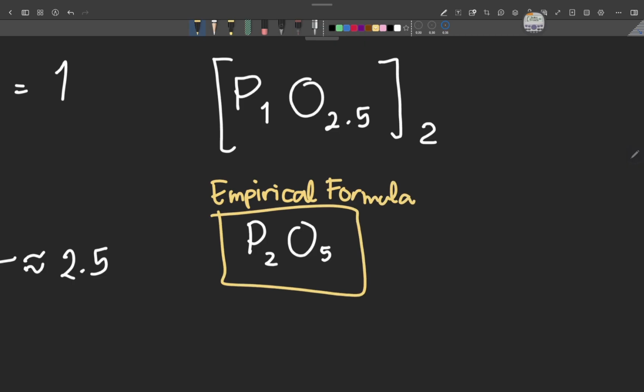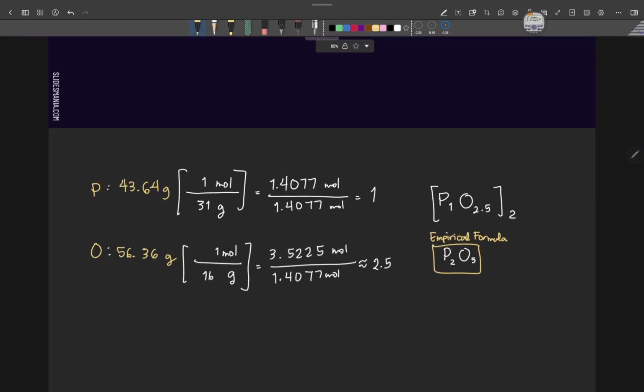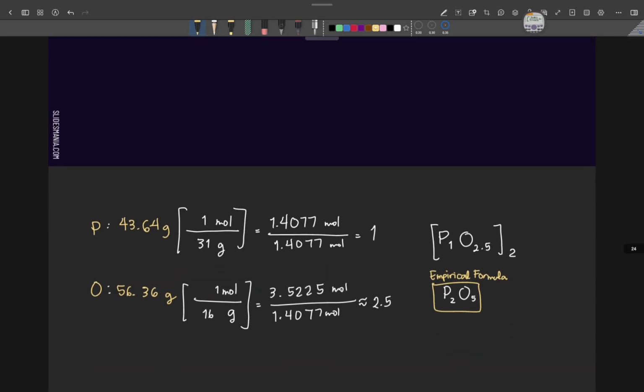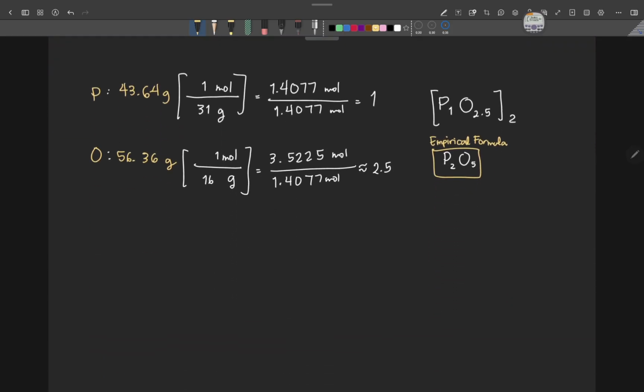Okay, so take note of that. Now there's also a molar mass of the compound. So we'll use that for the molecular formula.